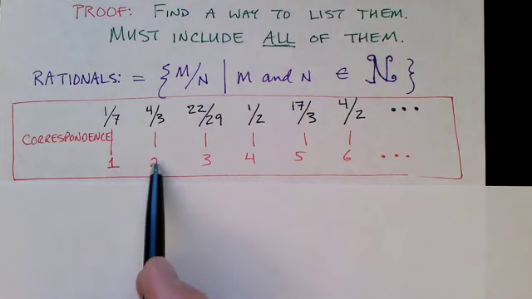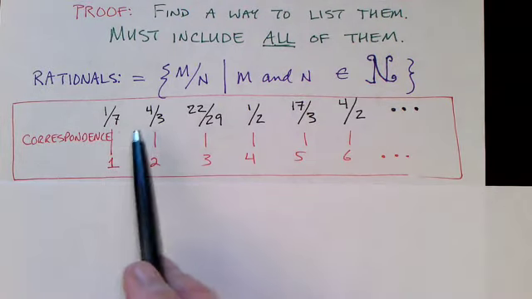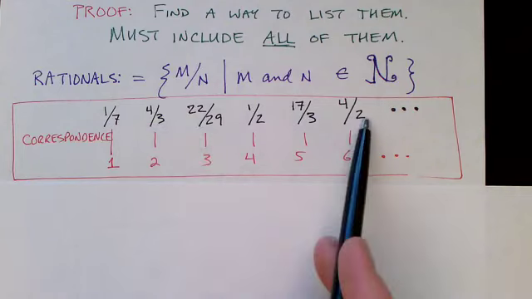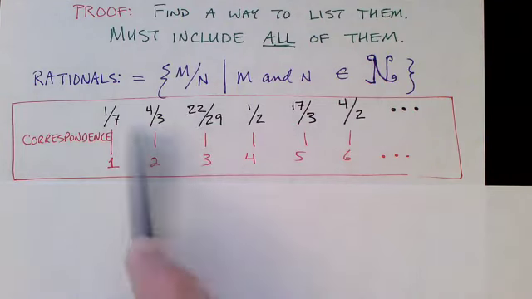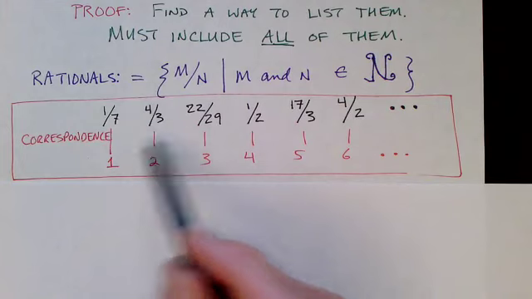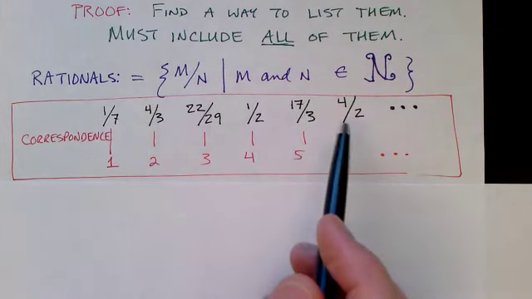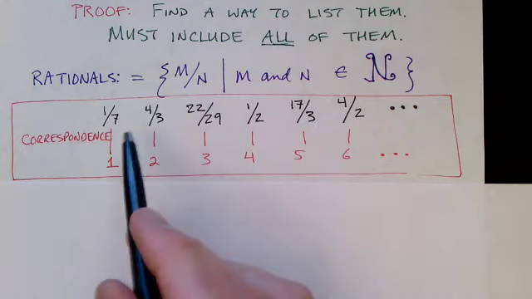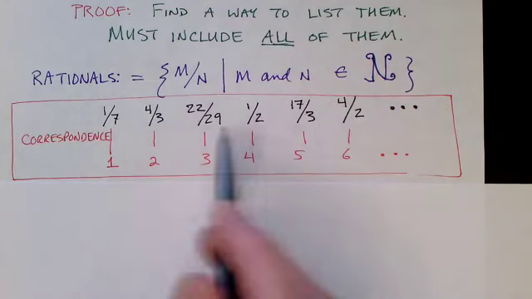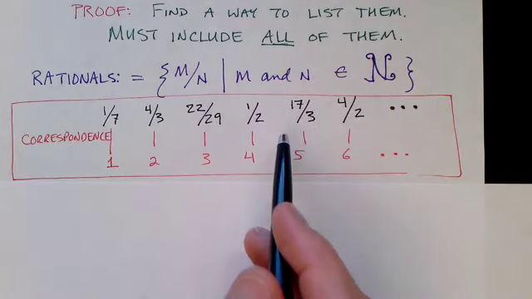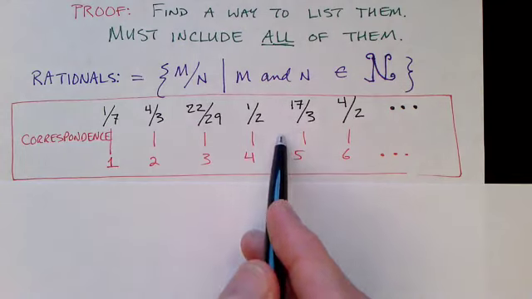Here I've shown the natural numbers 1, 2, 3, 4, and I've shown a few rational numbers. Okay? And so I'm suggesting the idea of a correspondence. And there's no system to what I've done here, and this is not actually showing a correspondence. It's just showing the kind of thing that I need to find in order to show that the set of rationals is countably infinite.